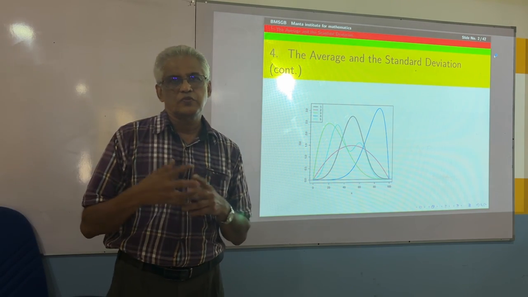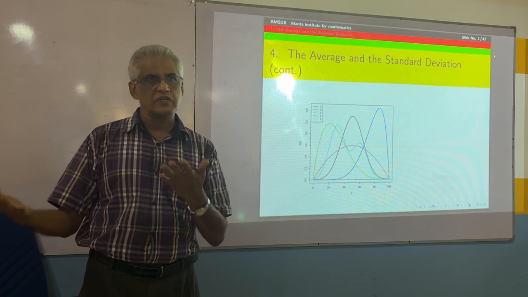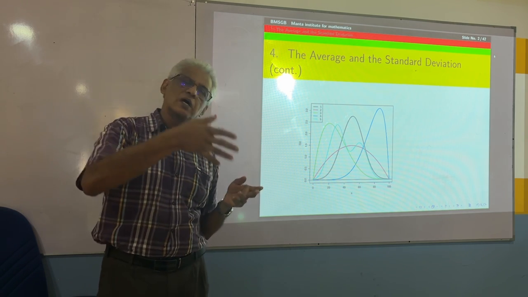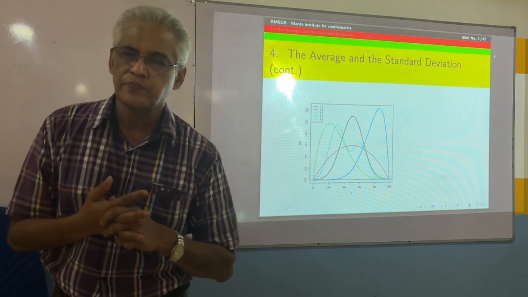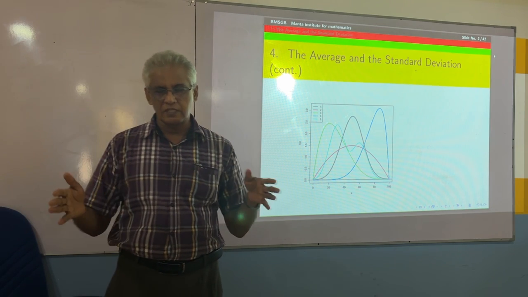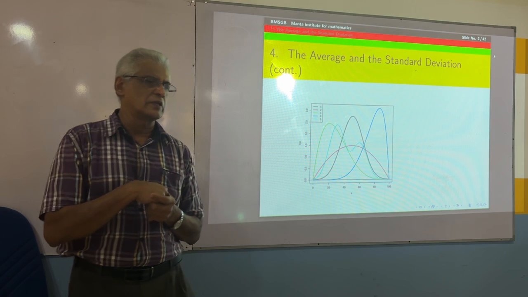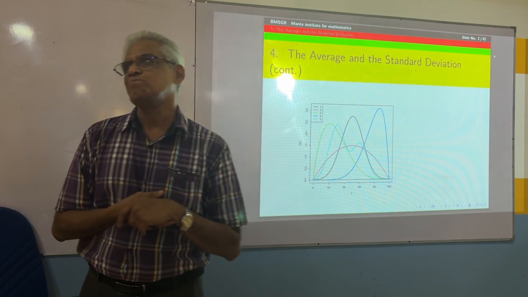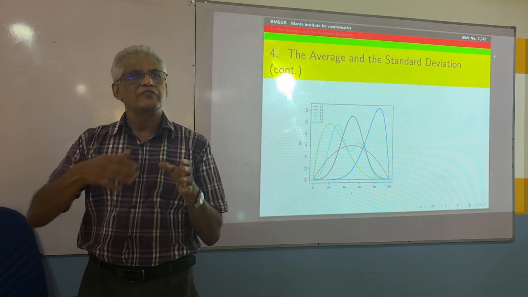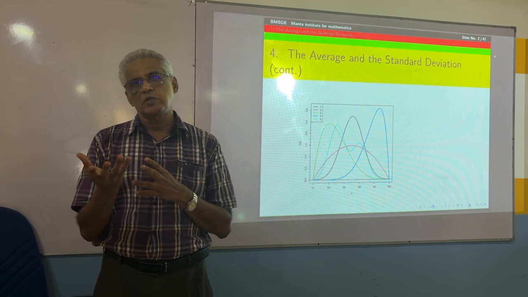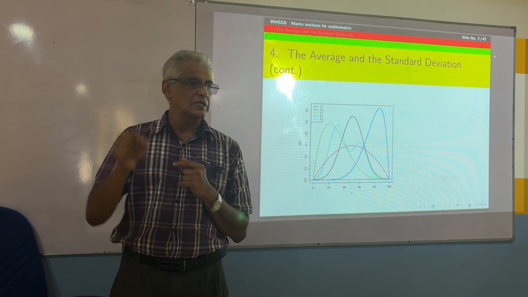So if you think that your distribution is symmetric, maybe because of some previous knowledge, or for some reason you think that it should be symmetric. For example, suppose you are in a manufacturing facility, and they are filling some drink into bottles.